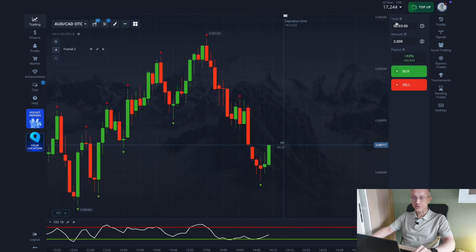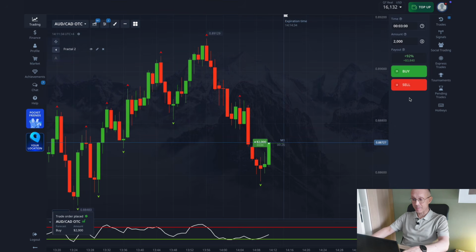First situation, the expiration time is 3 minutes, and I'm opening a long trade for $2,000. Now I'll explain in detail how to apply this strategy. It's very simple, look. The fractal indicator shows a green arrow under the candles, which is the first signal for an increase.